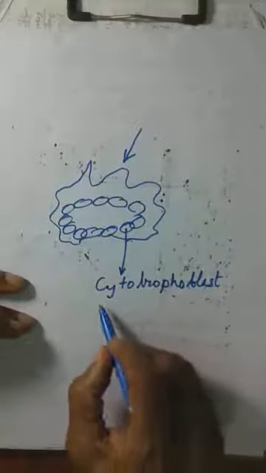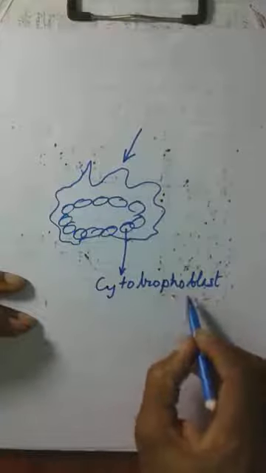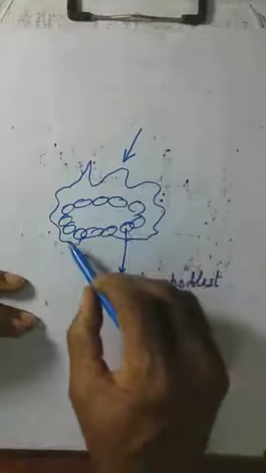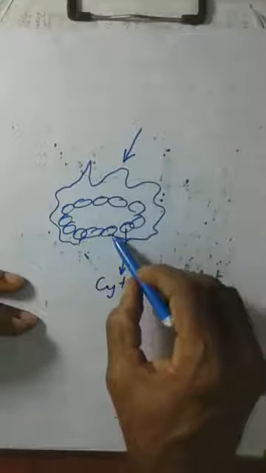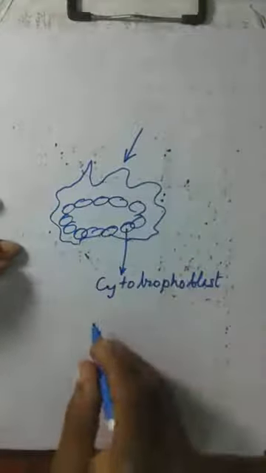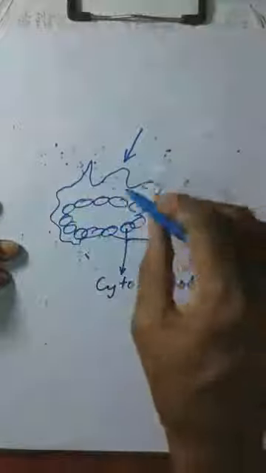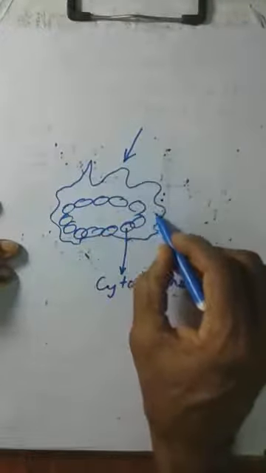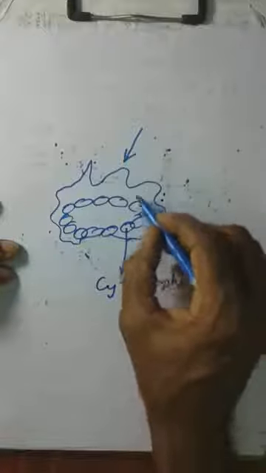So this is cytotrophoblast. And surrounding this cytotrophoblast is another specialized layer of cells which have no boundary.